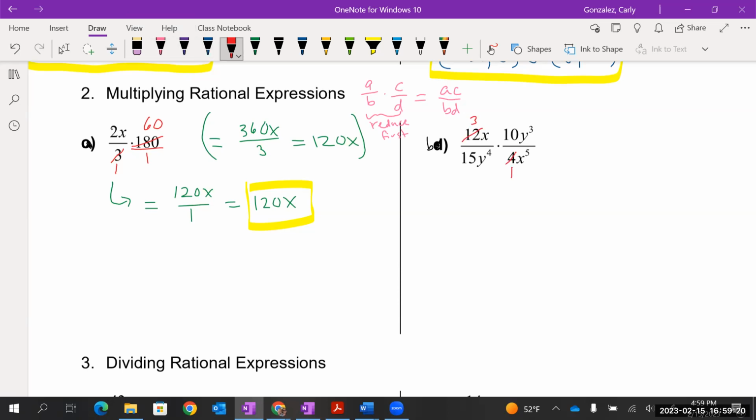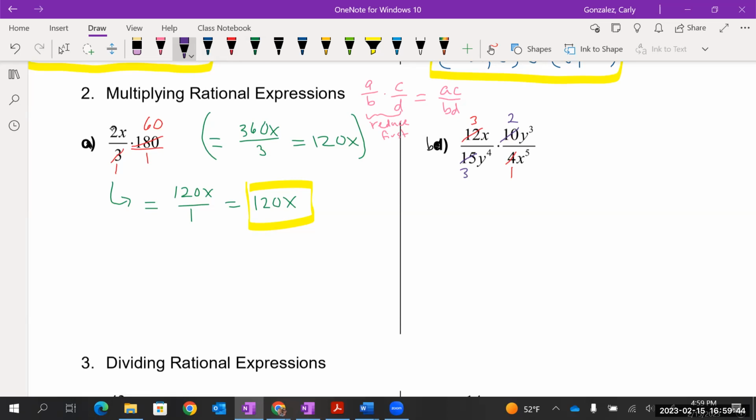In addition, we can see that 15 and 10 can both be divided by 5 evenly. So I will divide them both by 5. 10 divided by 5 is 2, and 15 divided by 5 is 3.